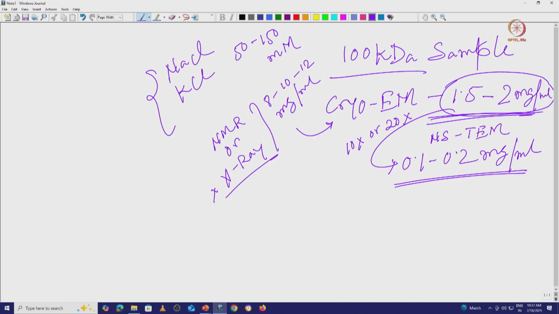The second point is that the sample can be partially inhomogeneous, and we can manage that during 2D and 3D classification, but definitely it is better if we have a homogeneous population. We are expecting 80 to 90% pure protein sample.